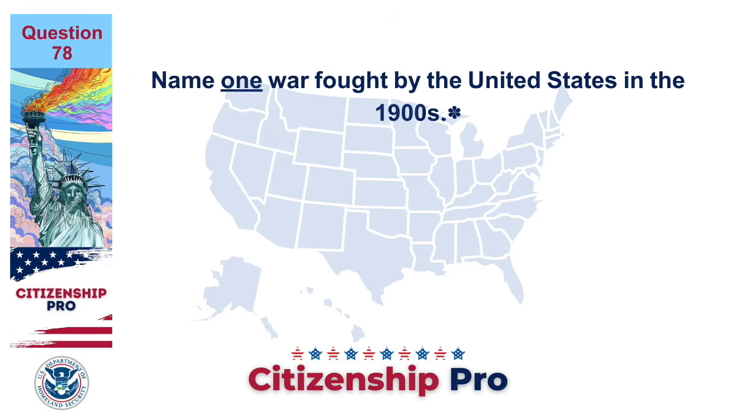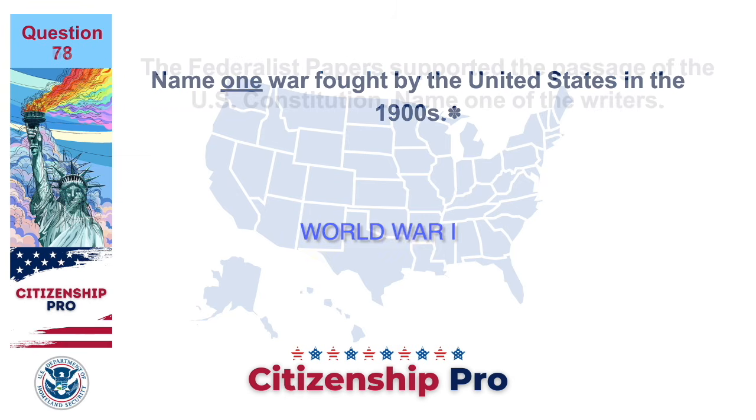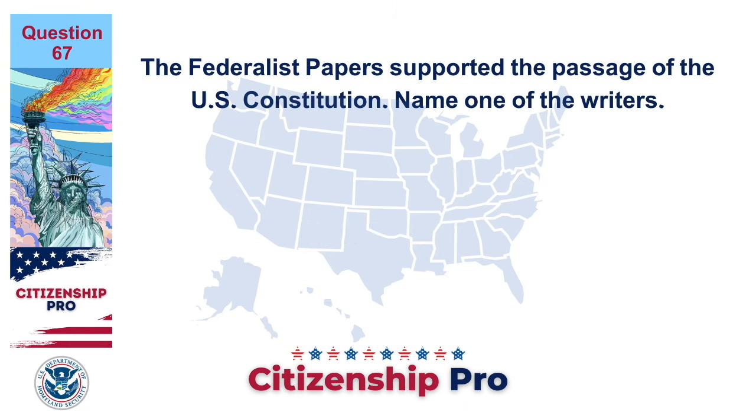Name one war fought by the United States in the 1900s. World War I. The Federalist Papers supported the passage of the U.S. Constitution.